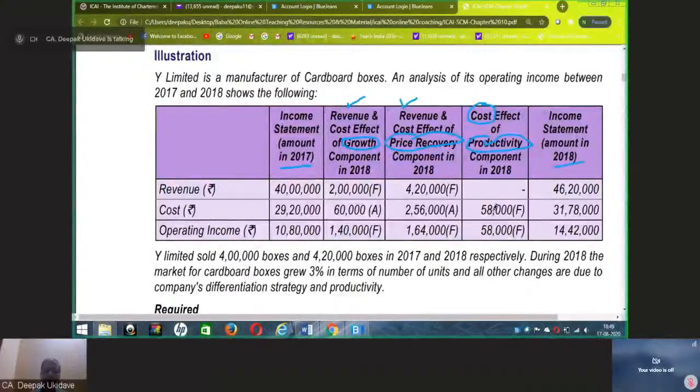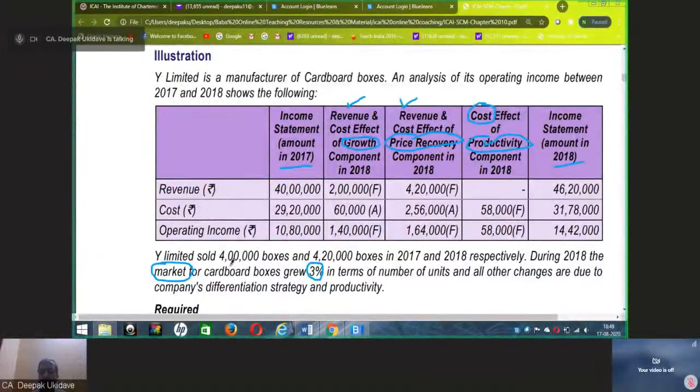Now, Y Limited sold 4,00,000 boxes in 2017 and 4,00,000 boxes in 2018. During 2018, the market for cardboard boxes grew by 3% in terms of number of units. See, there is an increase in the market size, that is 3%. When it says in the market, highlight the word market. Market has increased by 3% in terms of growth in volume.